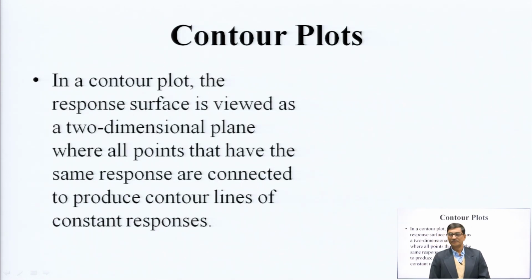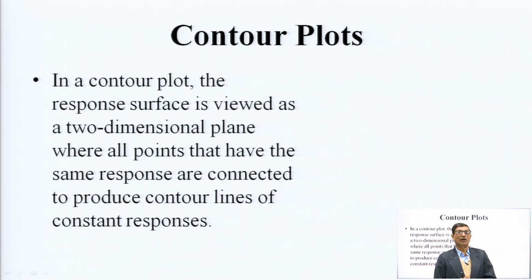Another term is contour plot. In a contour plot, the response surface is viewed as a two-dimensional plane, where all points that have the same response are connected to produce contour lines of constant response.